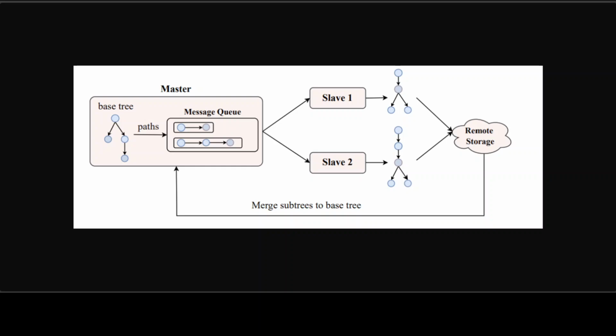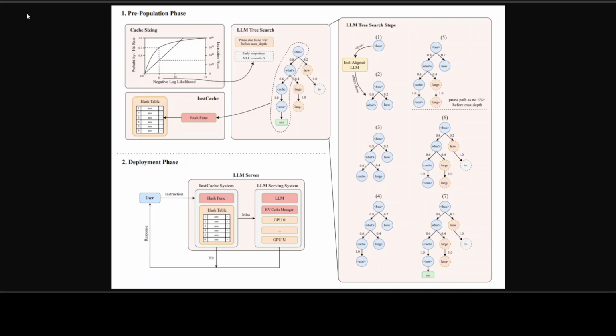So let me first take you to the previous diagram because that basically provides the foundation of the next one. In this one, unlike traditional caches that populate with incoming requests while being deployed, InstCache decouples the population phase and deployment phase. During pre-population of the cache, InstCache will be populated with all LLM predicted instructions with negative log likelihood below a selected threshold.